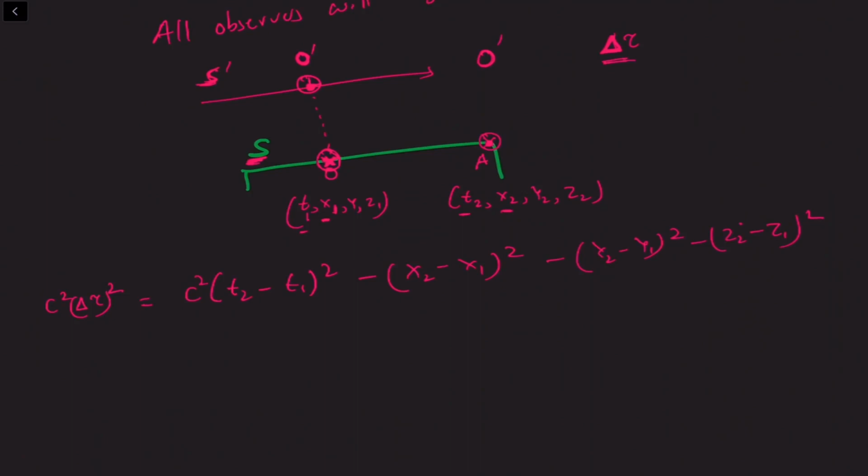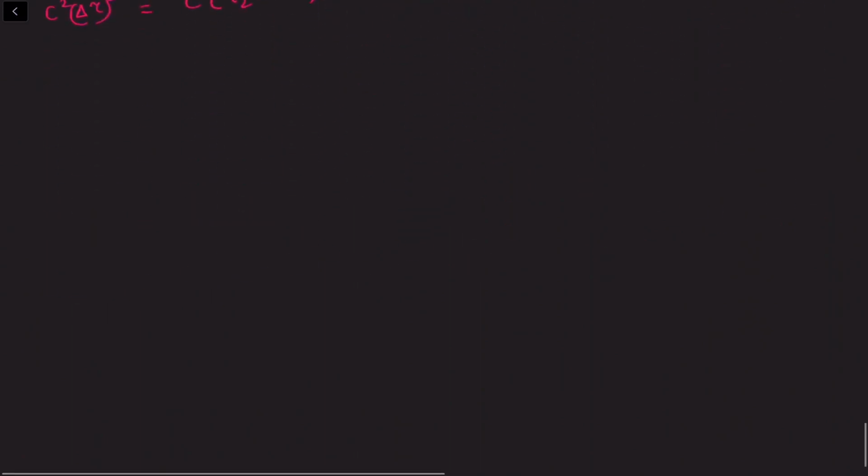Now let's consider another possible construction of a space-time interval. So let's consider a frame S prime, and in that frame S prime, let's imagine that you have a rod placed like this, and you measure the ends of the rod simultaneously.